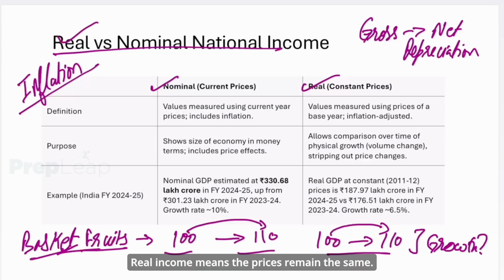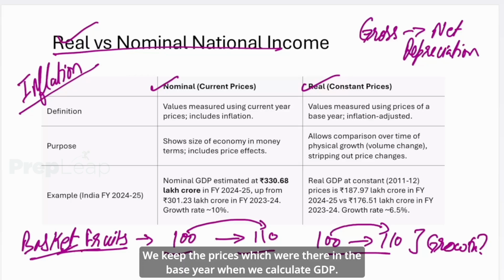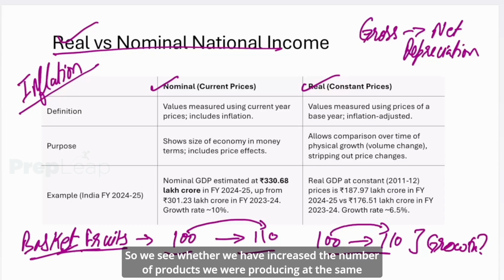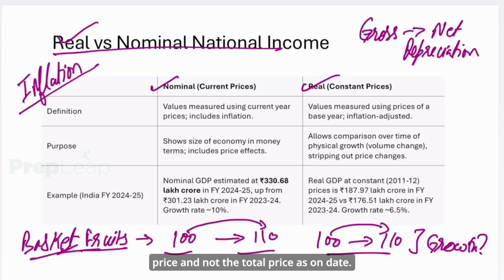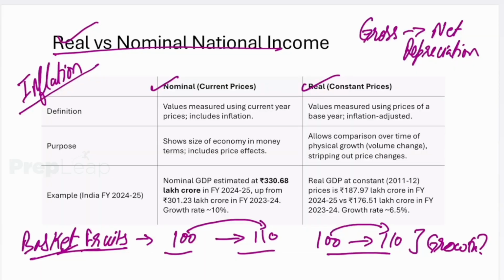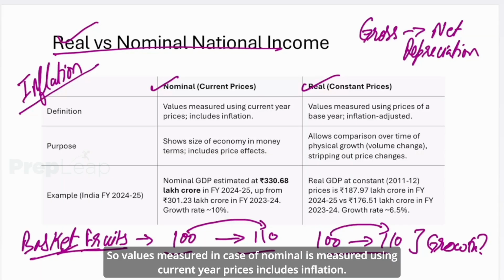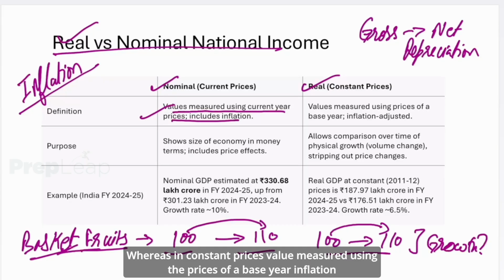Real income means the prices remain the same. We keep the prices which were there in the base year when we calculate GDP. So we see whether we have increased the number of products we were producing at the same price, and not the total price as on date. So values measured in the nominal case use current year prices and include inflation, whereas in constant prices, values are measured using the prices of a base year, inflation adjusted.